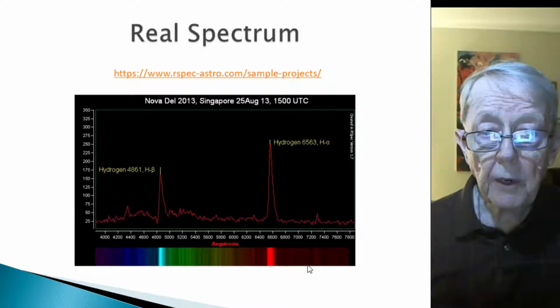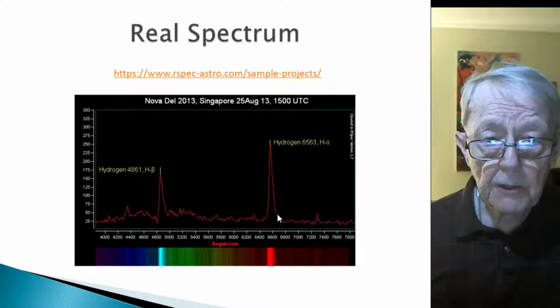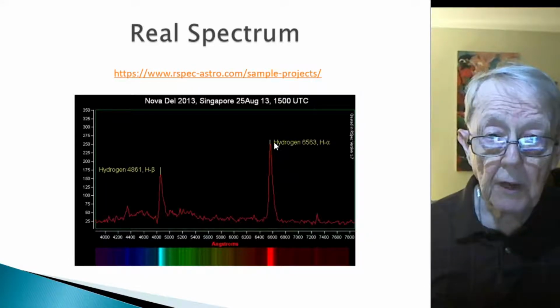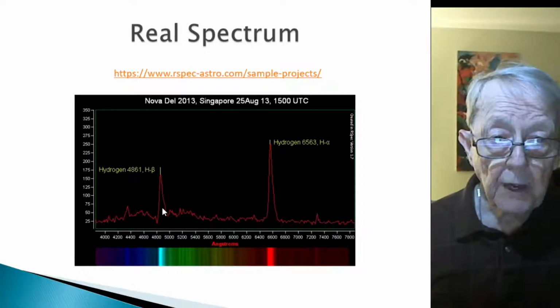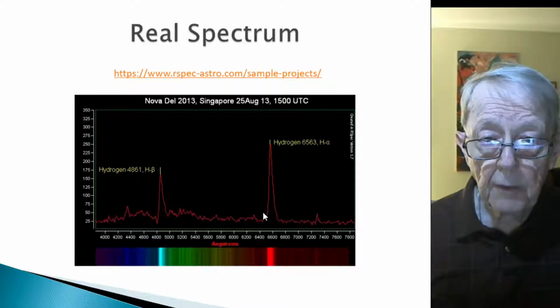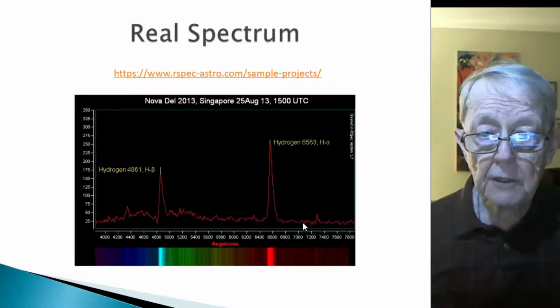Now here's a real emission spectrum, and you can see that this is recording the strength of the light at different wavelengths. Actually, this is an angstrom, but the width of the red is really shown here by the width of the detected signal.